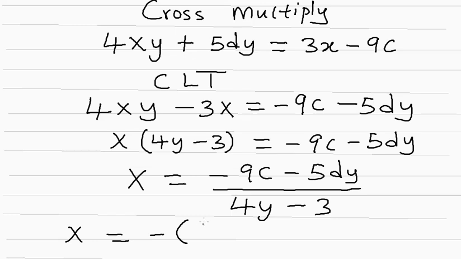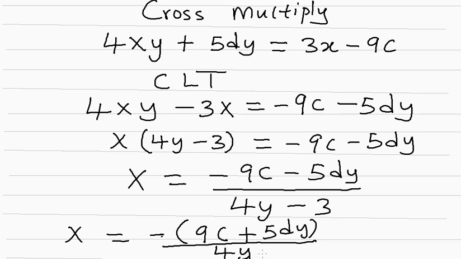So I'm going to have 9c, of course minus into minus is plus, since minus is outside, so this one I'm going to change to plus. So this is 5dy, then of course divided by 4y minus 3. If you don't see the answer in the first form in the objective or options, then you will see it in this form.